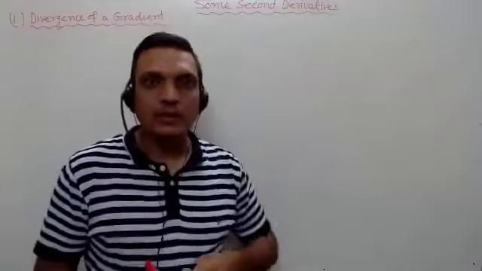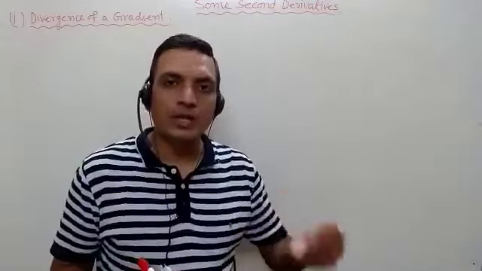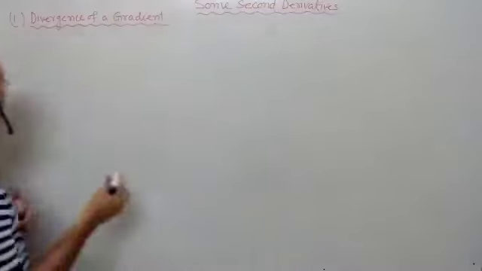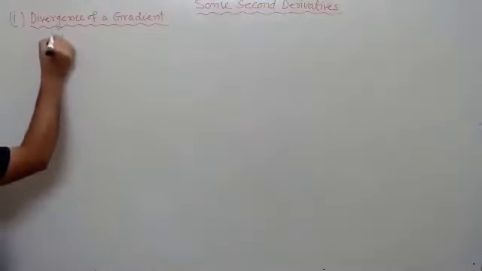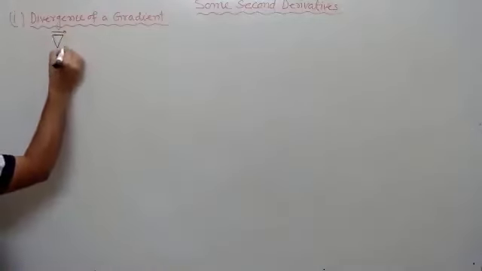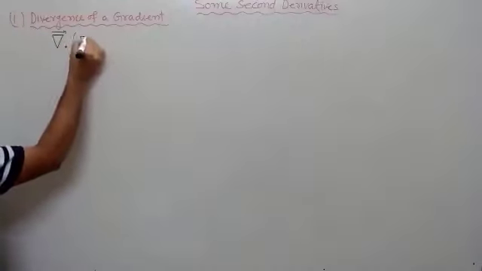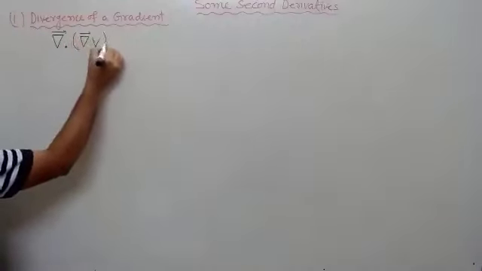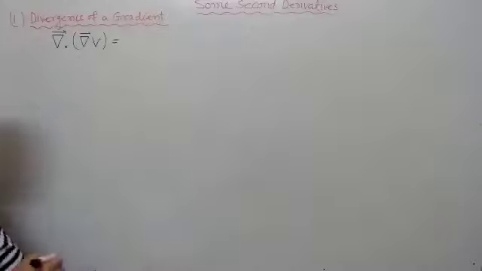Because gradient is a vector quantity, again you can find its divergence. So how will you define it? Del dot gradient V. This defines the divergence of a gradient.